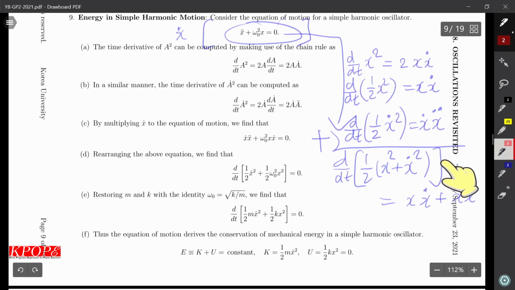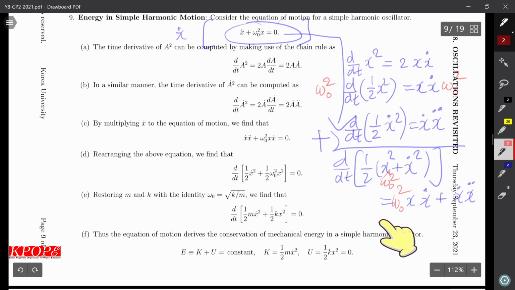We had better multiply omega 0 squared in here.